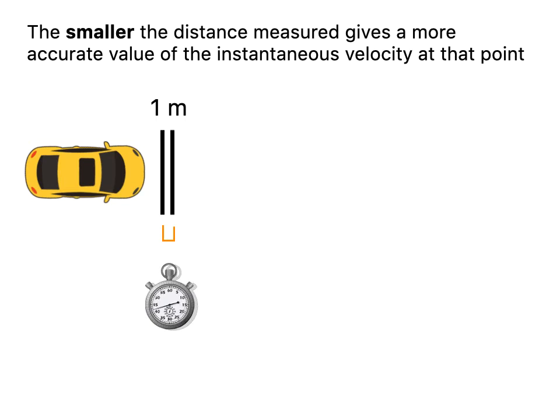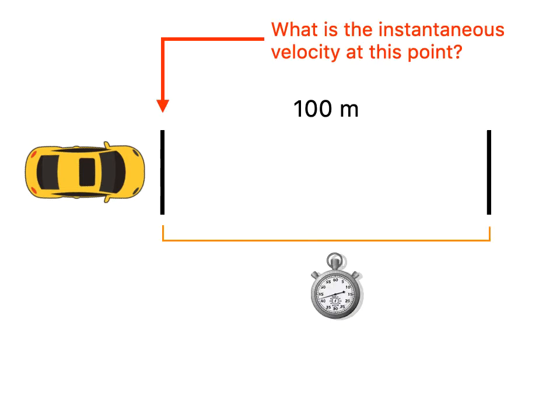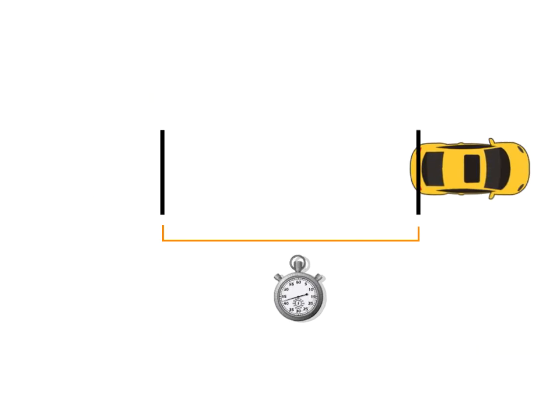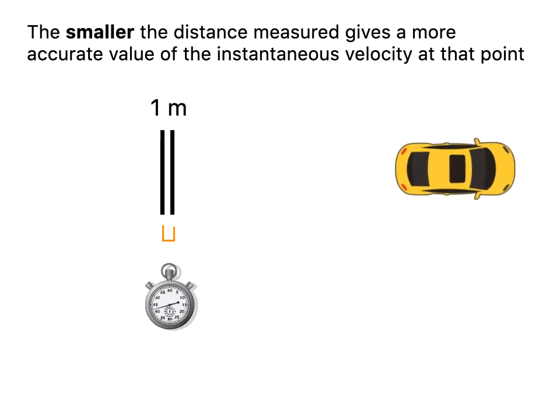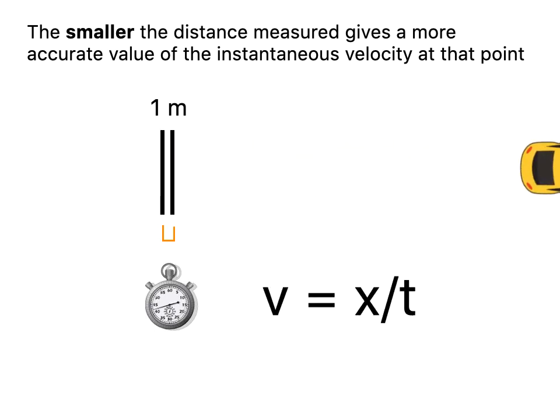So when the two sensors are very close to each other, it's more representational of the instantaneous speed, as opposed to, say, when the two sensors are very far apart. To calculate the instantaneous speed, you can just say the instantaneous velocity is the little distance x divided by the time it takes.